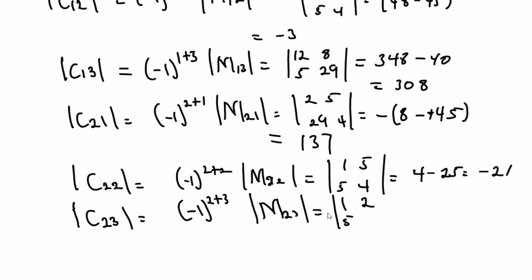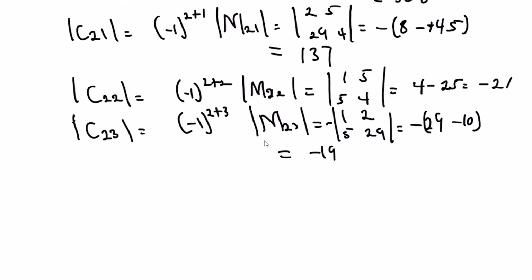And this is going to be negative, we have an odd number there. So 29, then our answer will be negative. So we have negative 29 minus 10, then our answer will be negative 19.